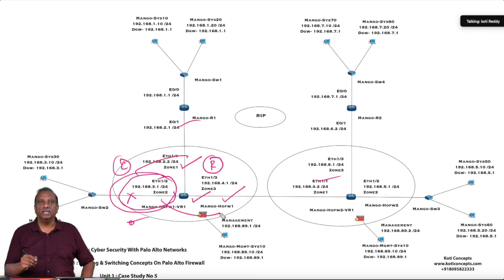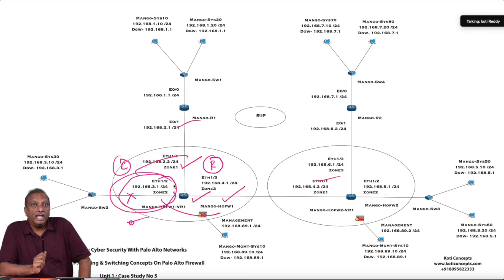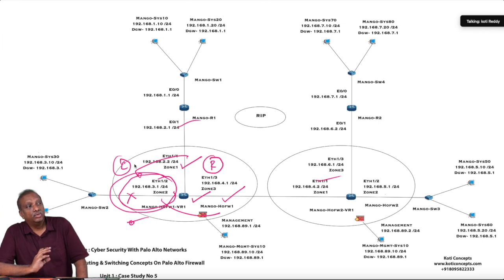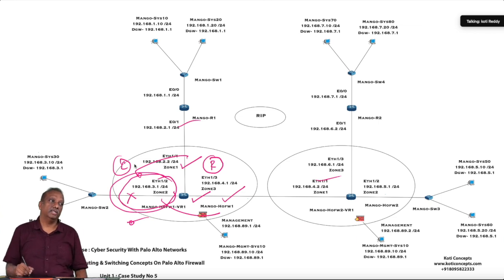For that I create something called a redistribution profile on the Palo Alto firewall. When I do redistribution, I can also apply a filter, so that so-and-so routes alone should be redistributed into RIP protocol. We apply a filter and then redistribute the connected routes into the RIP protocol. Right?